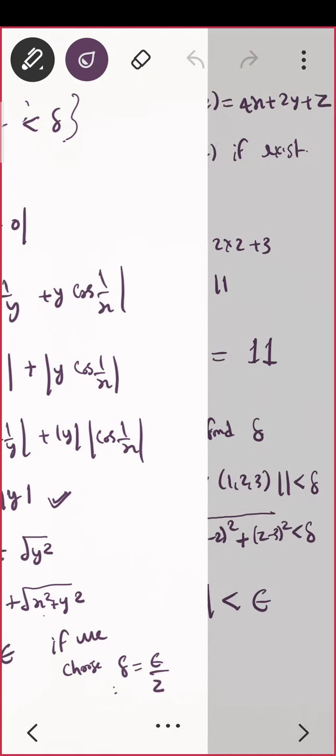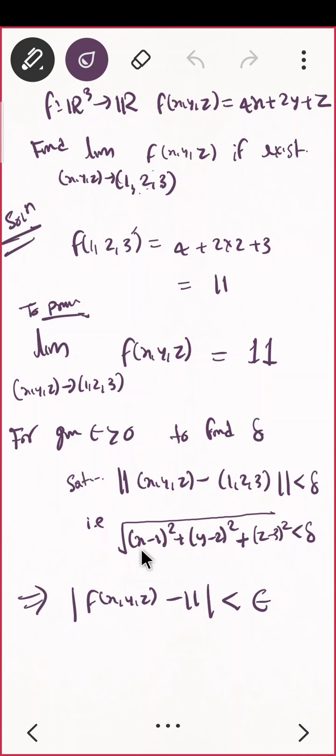But here I have this limit, so I want x minus 1, y minus 2, z minus 3. I want here something times x minus 1, plus something times y minus 2, and plus something times z minus 3. Perfect, very nice. So this is what I wanted.